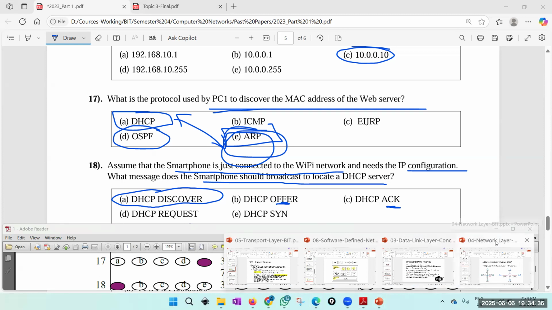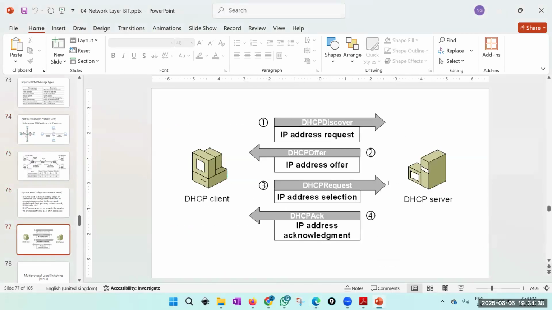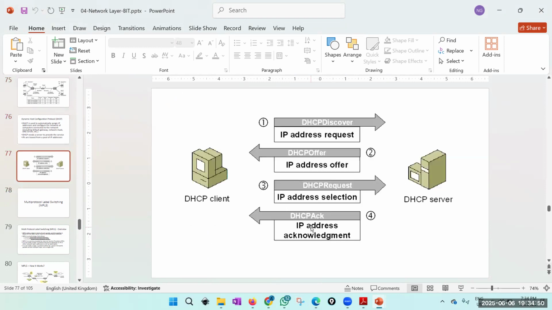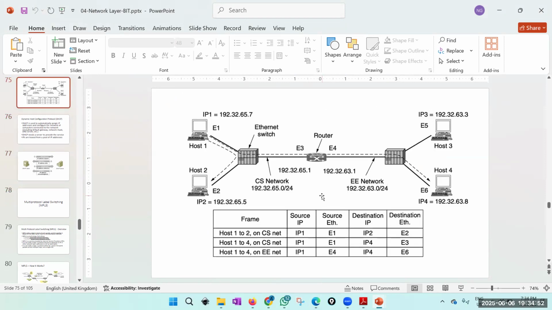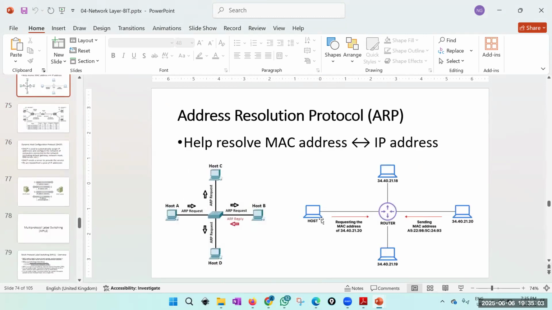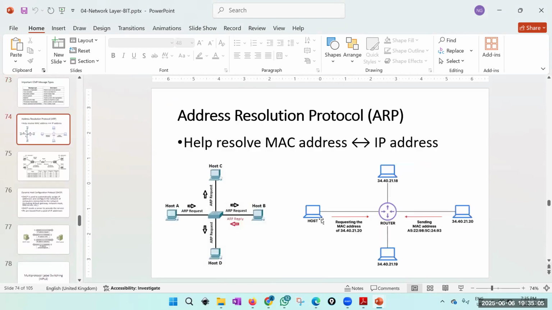Network layer. And you can see IP address request, IP address offer, then the acknowledgement. Okay, acknowledgement. I don't think there's something called synchronize. Right. Request, offer, but in our note I have not mentioned the discover, right?